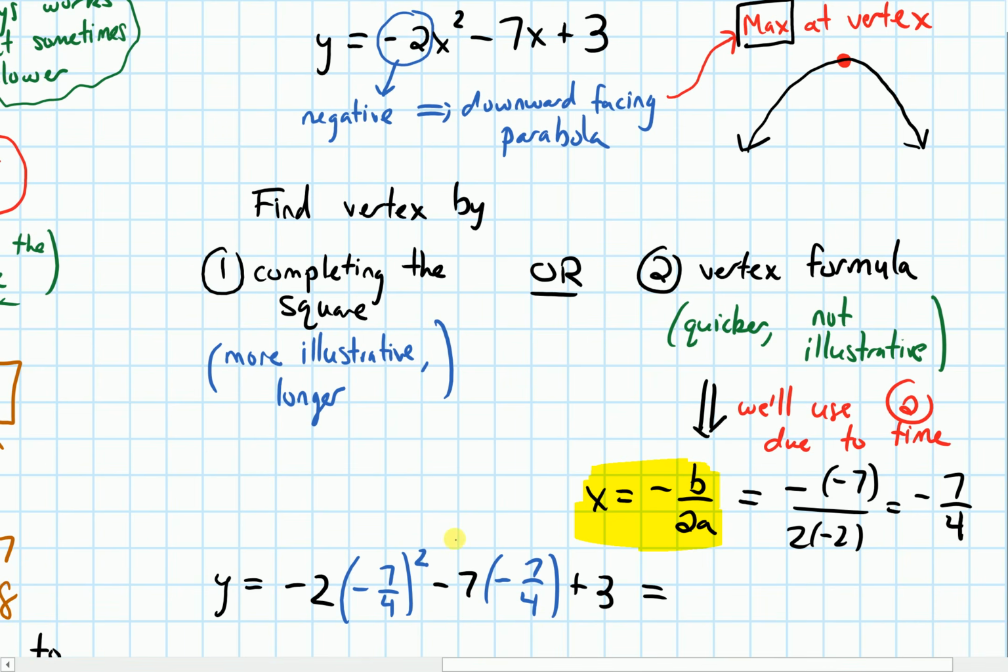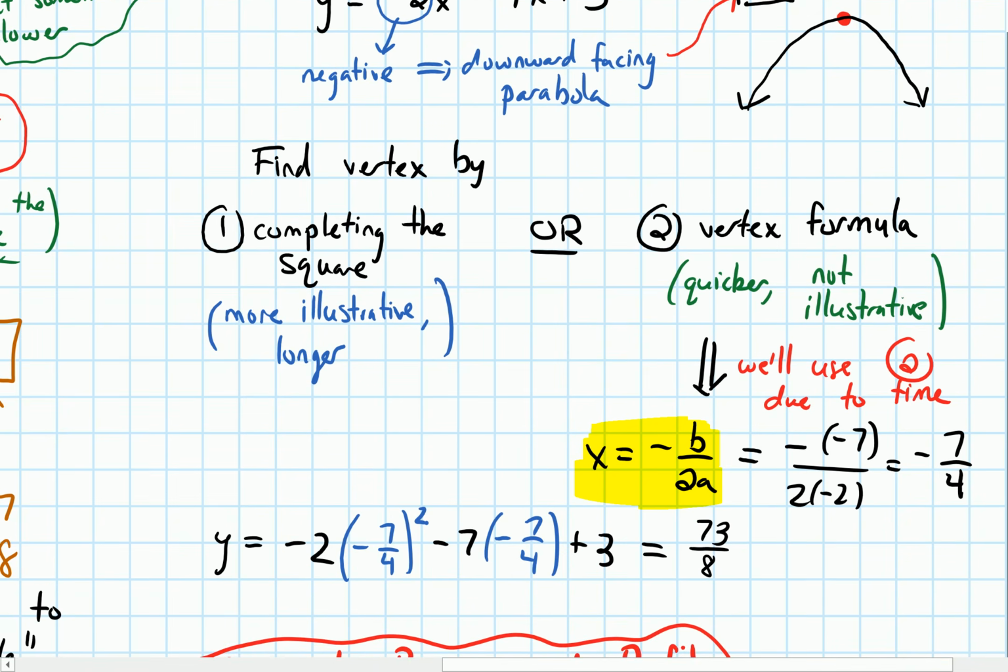I'm just going to skip the simplification here, but if we were to work out what this is, we end up with 73 over 8. Now we can write down the vertex. This is where the max occurs. The x-coordinate is negative 7/4, comma, 73 over 8.